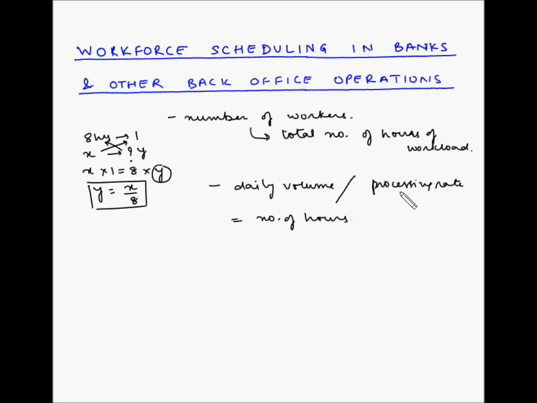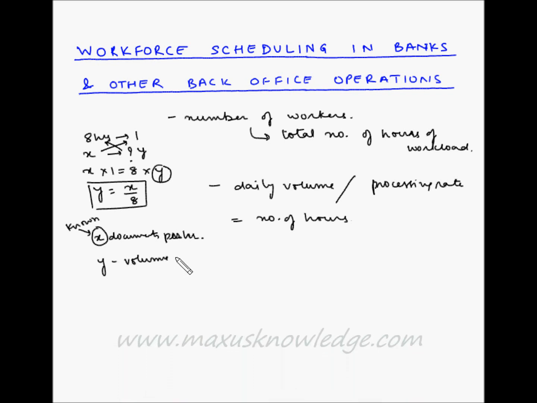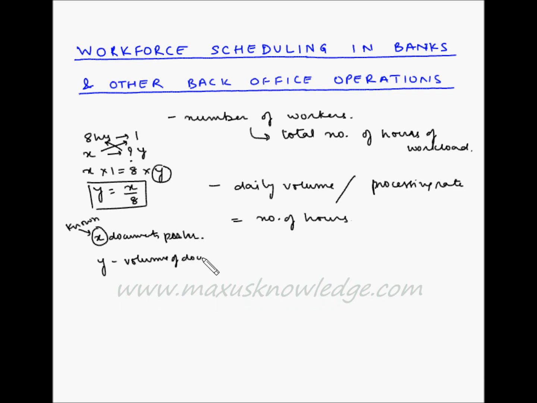So let's say the processing rate is X documents per hour. So X is known. Now the daily volume is Y. So Y is the volume of documents.